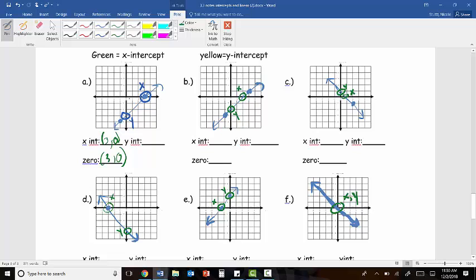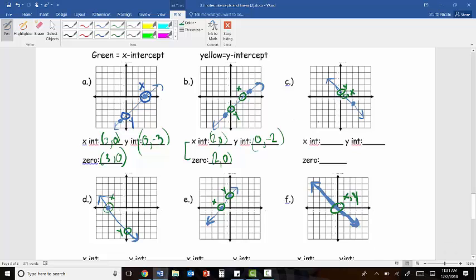Our y-intercept, however, is at (0, -3). So the next one looks like our x-intercept is at (2, 0), which means that the zero of the graph is (2, 0). Because remember, x-intercept and zero are the same thing. And then the y-intercept is (0, -2).